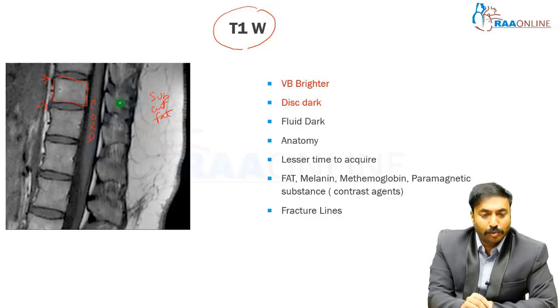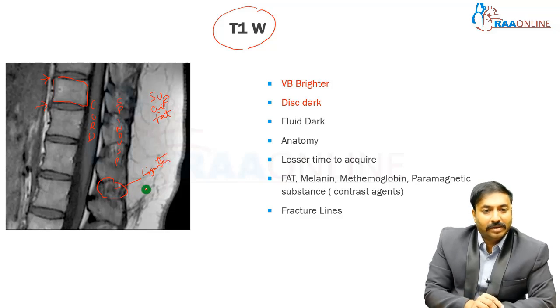These are the posterior elements, nothing but the spinous process and the laminae. And what you see here are the ligaments. So this is the normal anatomy which we see in T1.